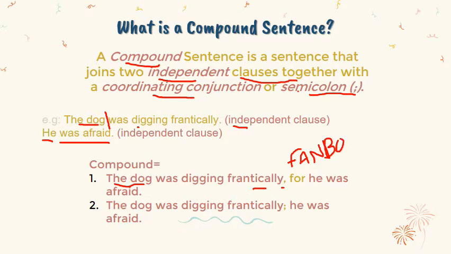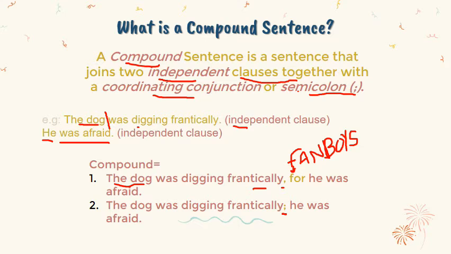F stands for, okay? So the first one, F, stands for for. So I use one of the fanboys in order to join two independent clauses together, and therefore I get a compound sentence. Or I can use a semicolon.